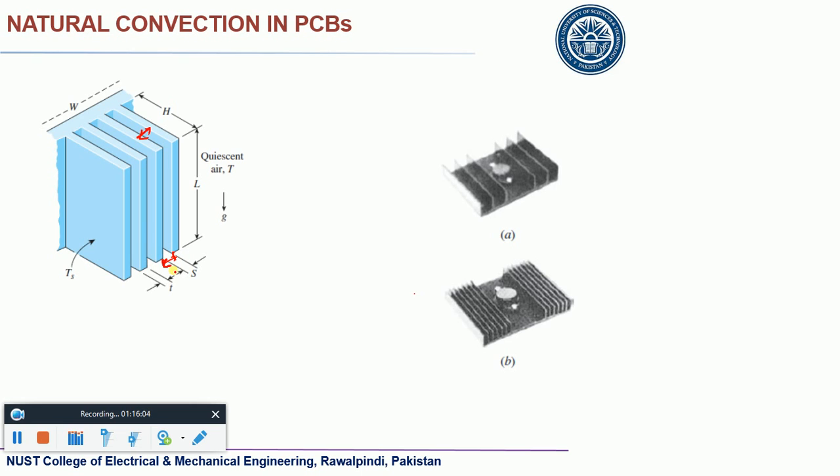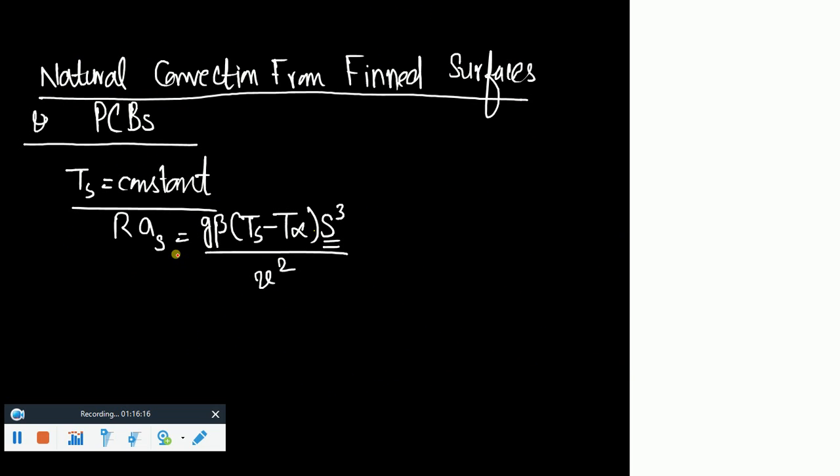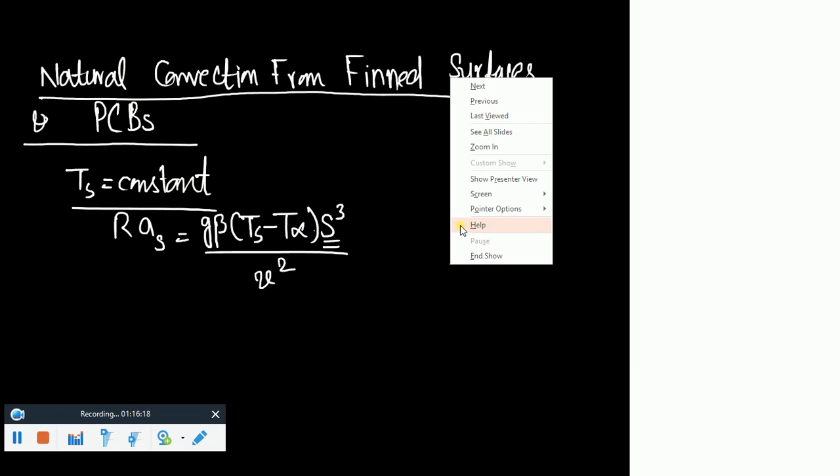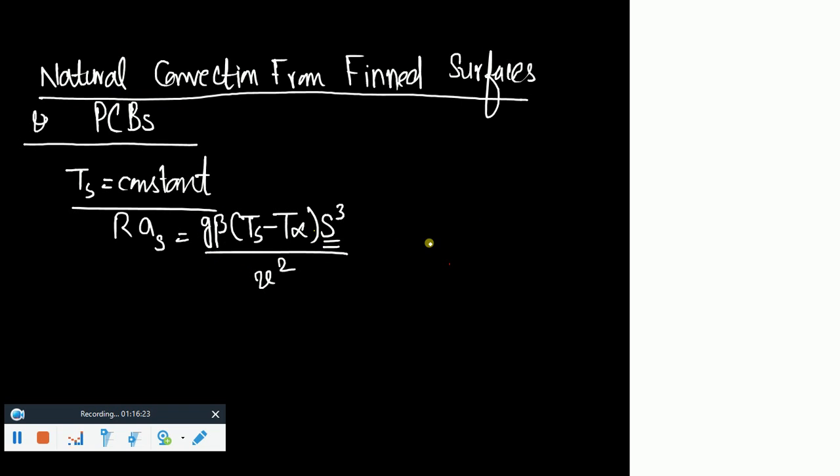So you can say that the Rayleigh number is not based upon this length or this width. It is based upon the gap between those two fins. So this is how you define Rayleigh number for these kinds of configurations. Or if you define Rayleigh number based upon the length, you would come up with this.